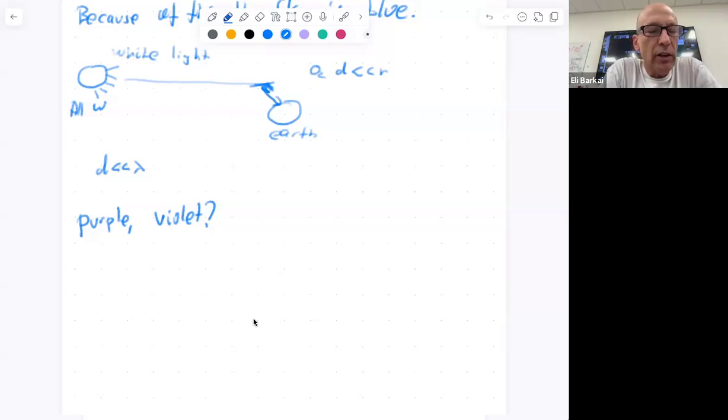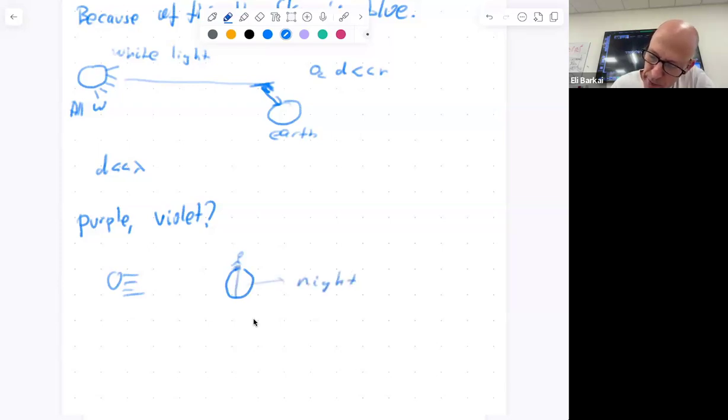Then what physicists will tell you is, oh, we can explain everything. What is the idea? We have Rayleigh scattering, this omega to the power 4. So at the end of the day, here is the sun. At the end of the day, I think you understand my point of view. This is night. This half is night. Now you are sitting somewhere here towards the end of the day.